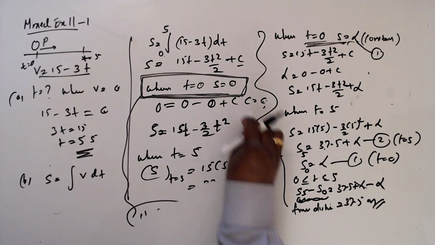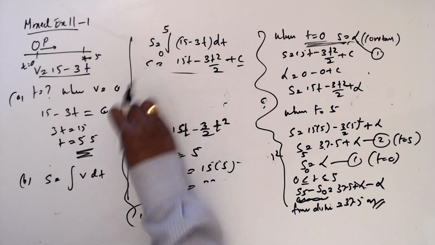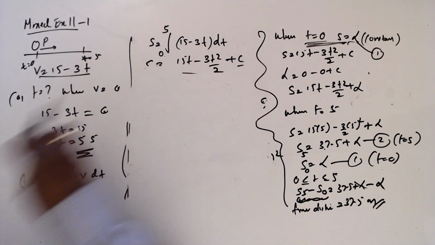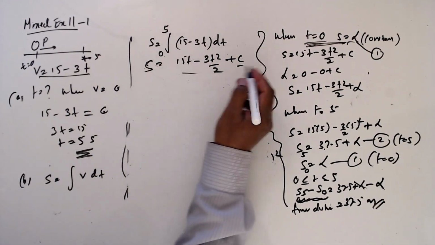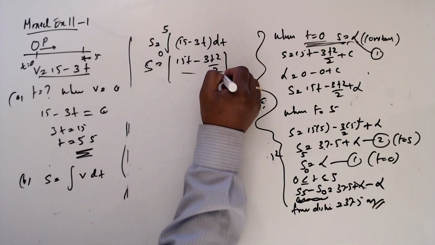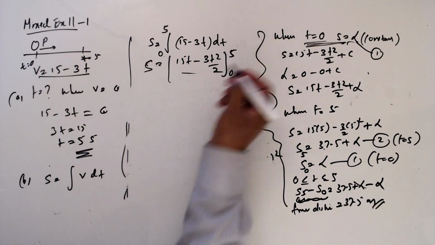So I'll work that way. Now s equal, I integrate like this, and this is the integral from 0 to 5.